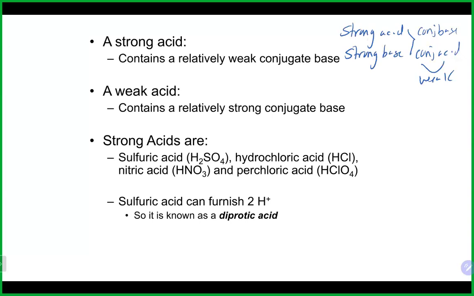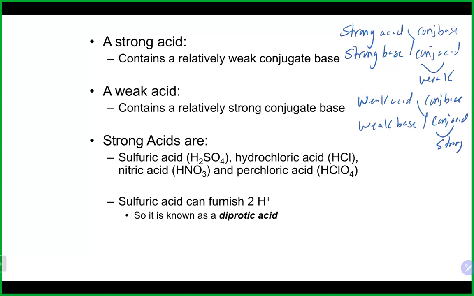So sort of an opposite relationship. If you have a weak acid and a weak base, its partner on the other side, its conjugate base and its conjugate acid, they will be relatively strong.